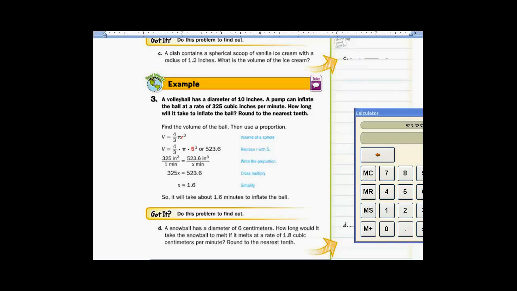All right, a snowball has a diameter of 6 centimeters. Let's find that volume. So 4/3 times pi times radius. That's the diameter, so the radius is 3, cubed, in parentheses.